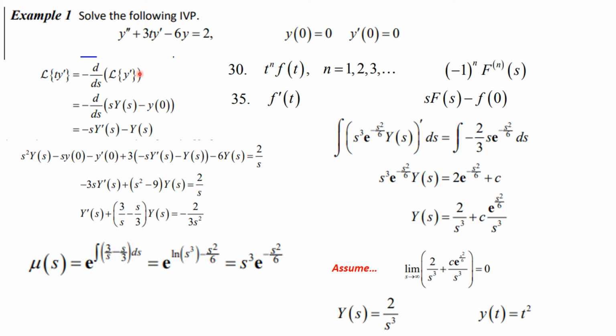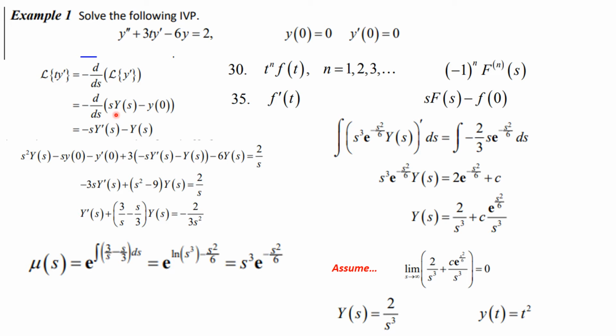But we also have another formula, number 35, that tells us the Laplace transform of y prime, and it is s times capital Y of s minus y at 0.